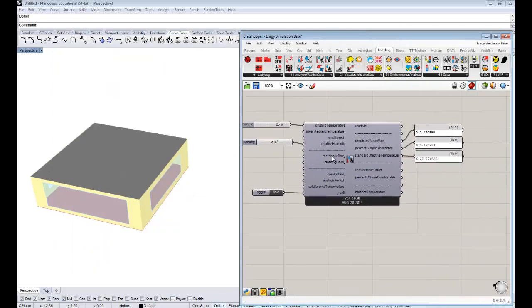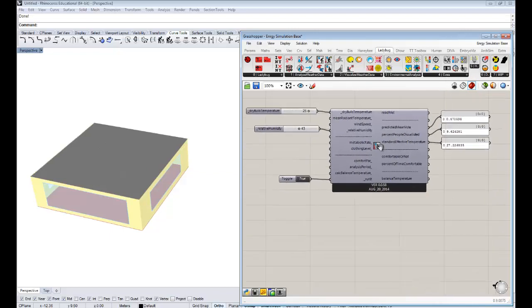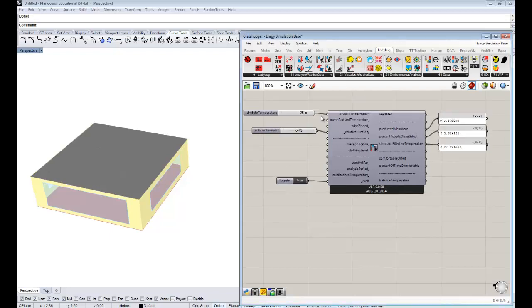But now, if it's doing all these things that are specific to the energy balance of the human being, let's play around with these metabolic and clothing levels. The nice thing about this is that you can say, maybe we have a condition that's really cold, like 15 degrees Celsius inside, which tends to be very cold, and your predicted mean vote is really low.